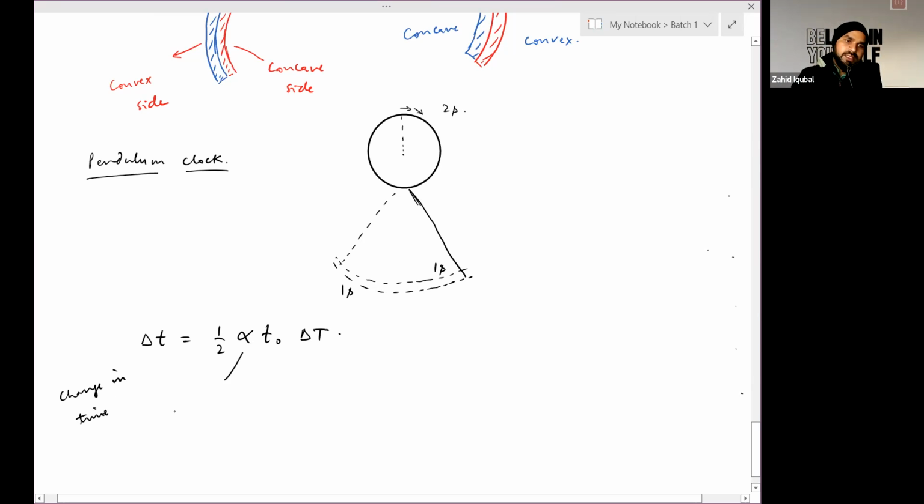Alpha is the coefficient of linear expansion. T naught is the duration for which we are calculating. And delta T is the change in temperature.